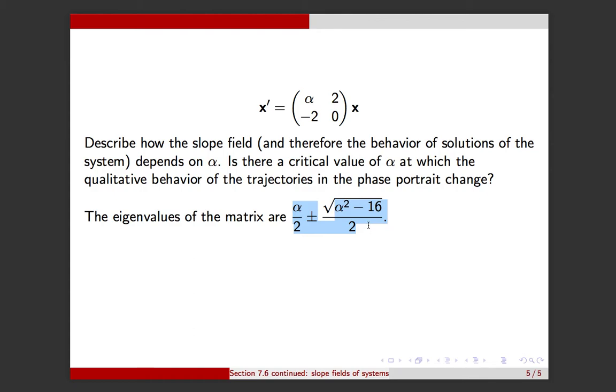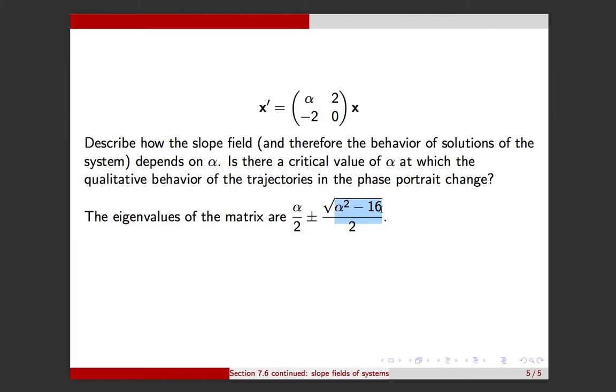Okay, so if you're thinking about the boundary between real and not real, what values of alpha would make this entire expression either real or not real? Well, real or not real is going to be determined by whether what's under the square root is positive or not.